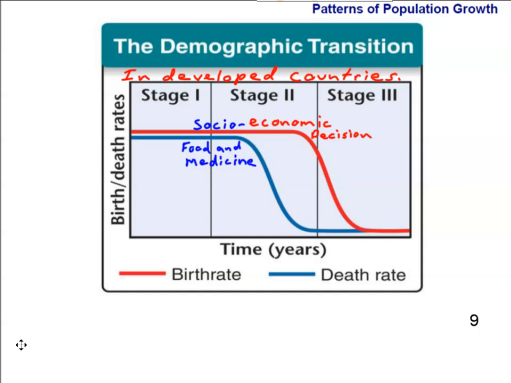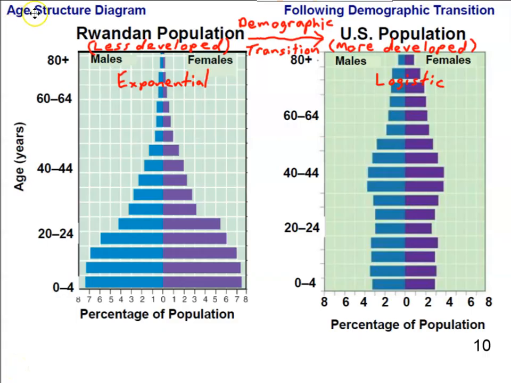And hopefully it will happen before we're all miserable, or at least people in those countries are miserable. Here we're looking at age structure diagrams, and we're comparing a less developed country to a more developed country, like Rwanda versus the United States.